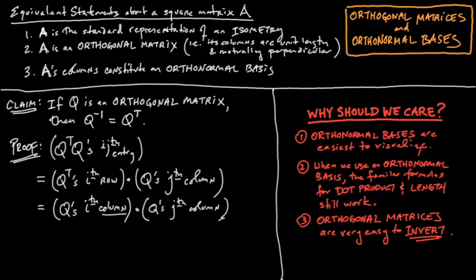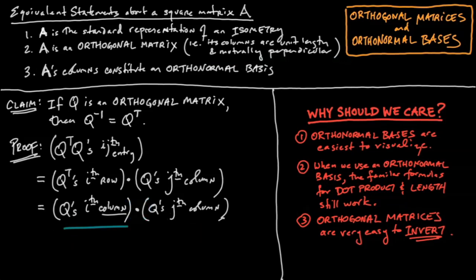Oh, that's interesting, because now we're taking the dot product of two columns of Q, our orthogonal matrix. And we know quite a lot about the columns of an orthogonal matrix. So let's put that knowledge to use. If i and j are distinct, like if we're talking about the second column and the eighth column, then we know what their dot product is, because we know the columns of an orthogonal matrix are all perpendicular to one another, and perpendicular vectors have a dot product of 0.